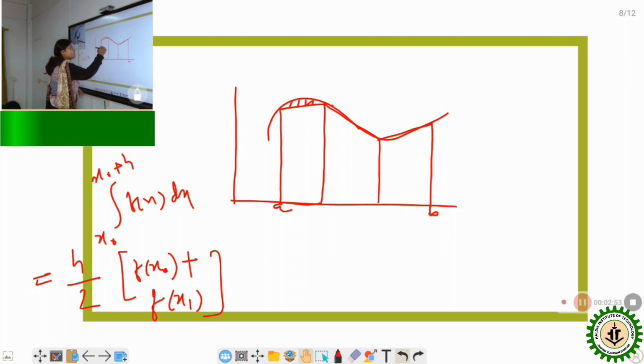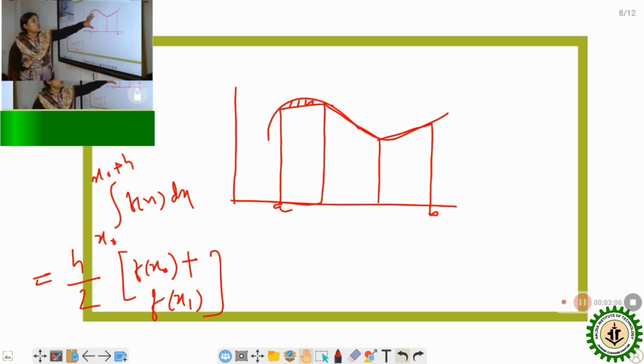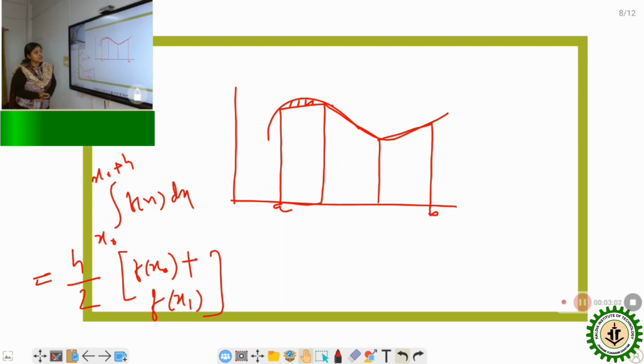The sum of all these gives the area for the whole integral, right? So here we are neglecting some portions, sometimes we are adding some portions, so ultimately error is introduced.